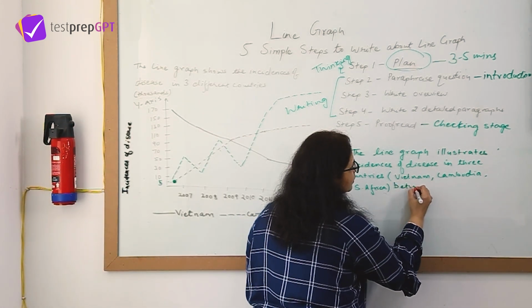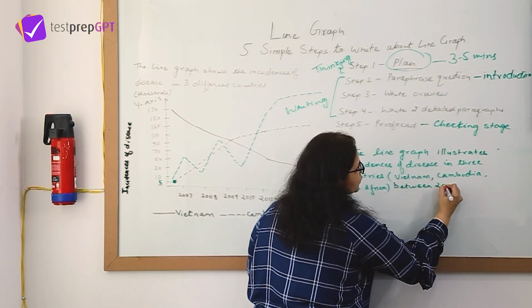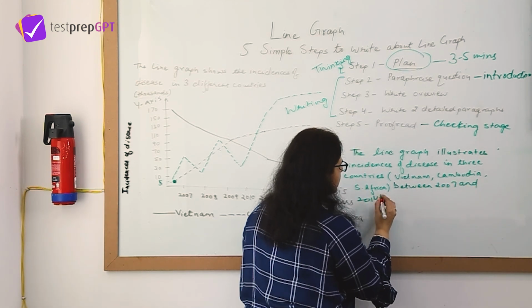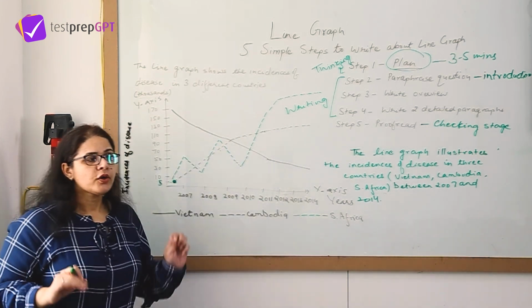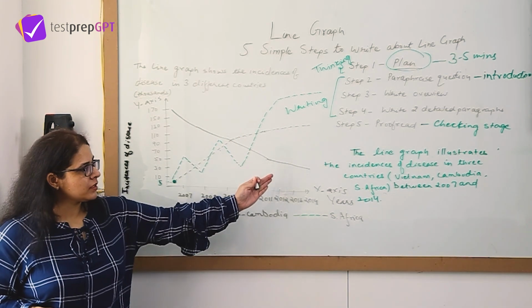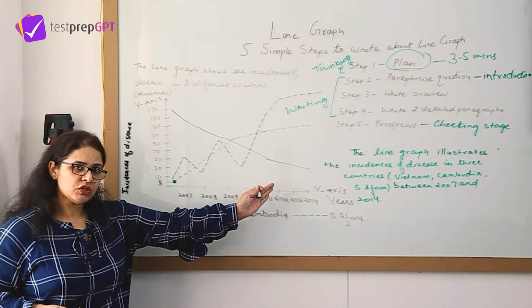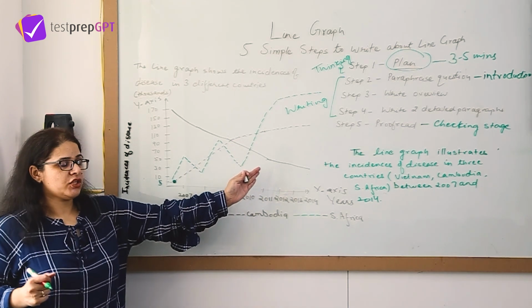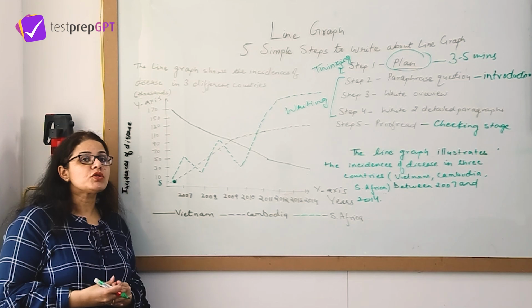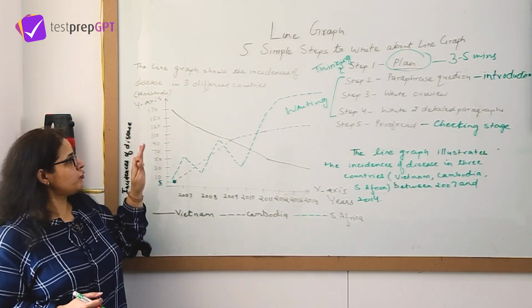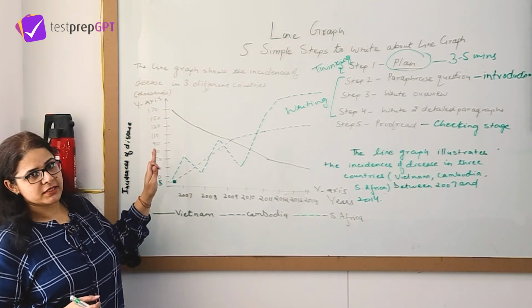Between 2007 and 2014. Now, your introduction, after paraphrasing the question, can be this one single sentence, or you can add another sentence to it. What are the units of measurement in this graph? The units of measurement are thousands, which is on the y-axis, the vertical one.